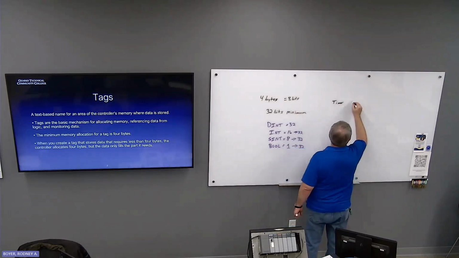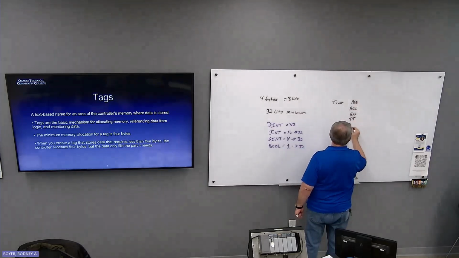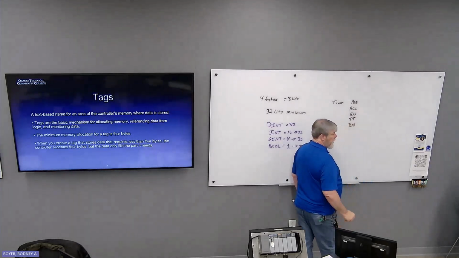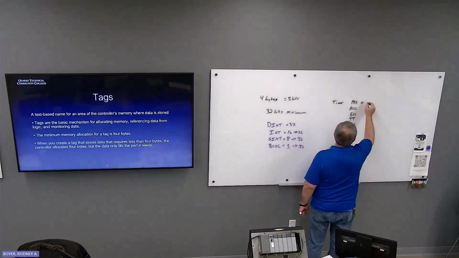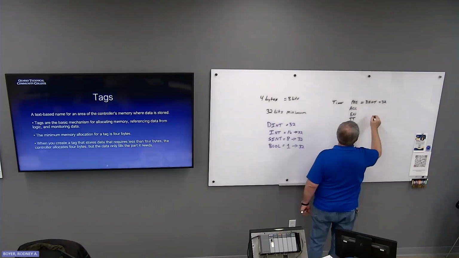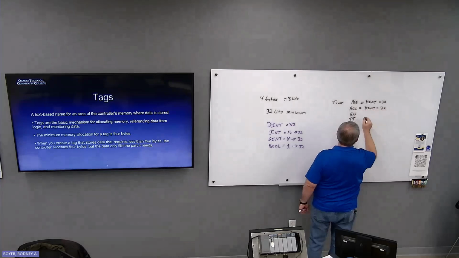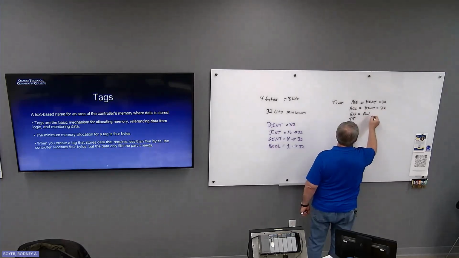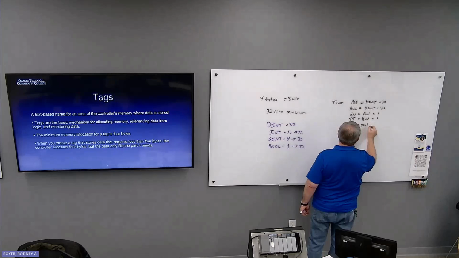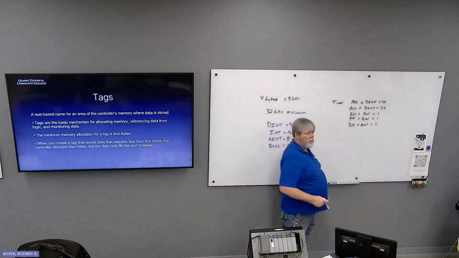In a timer, you have preset, accumulated, enable, timer timing, timer done. Preset and accumulated are double integers, 32 bits each. Enable, timing and done are bools, so 1 bit each.